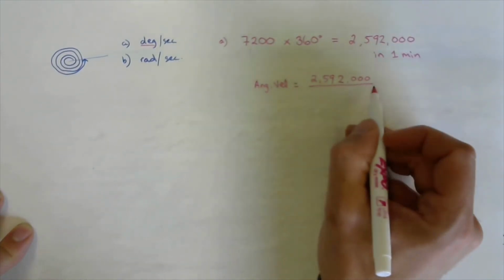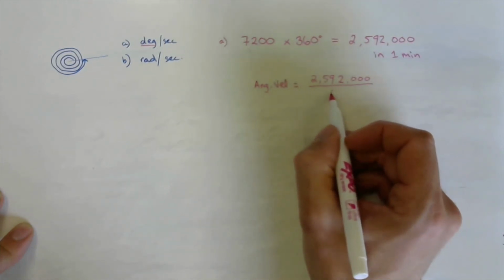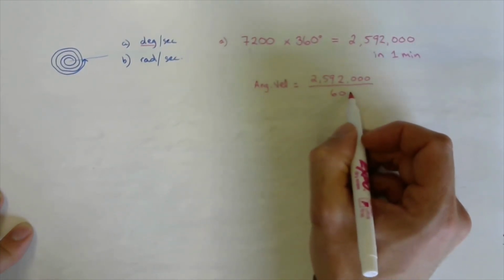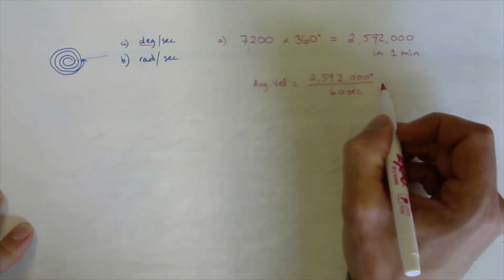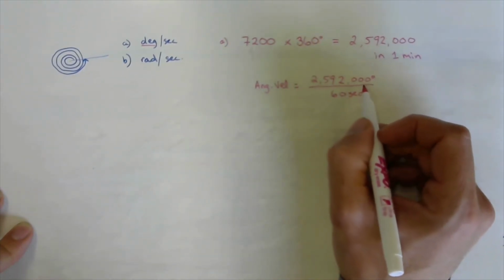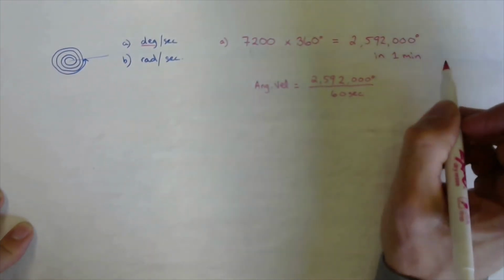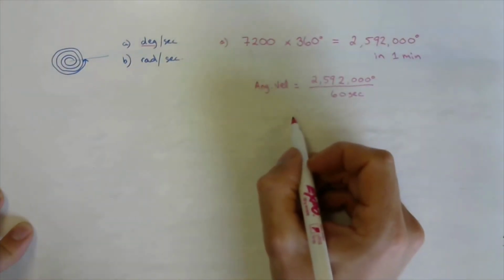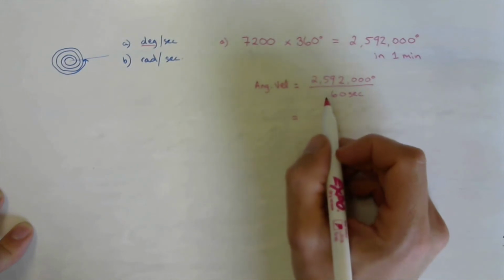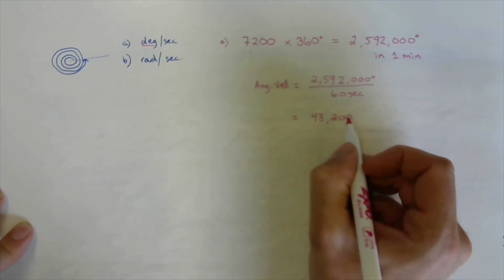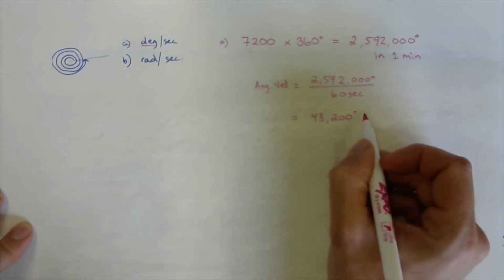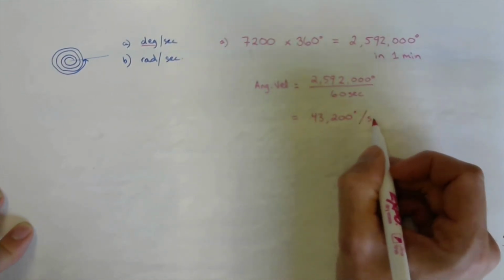Per is your dividing line. 1 minute, we're now going to convert into 60 seconds. And this is degrees. Sorry, this first number here is degrees. And so I should have my little degree symbol everywhere that I'm supposed to have it. And then you simply divide that by 60. You get 43,200 degrees per second.